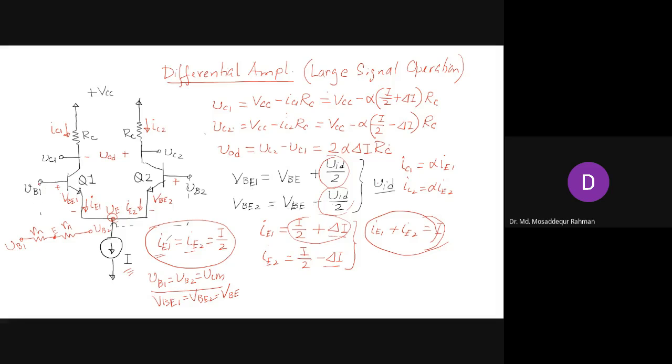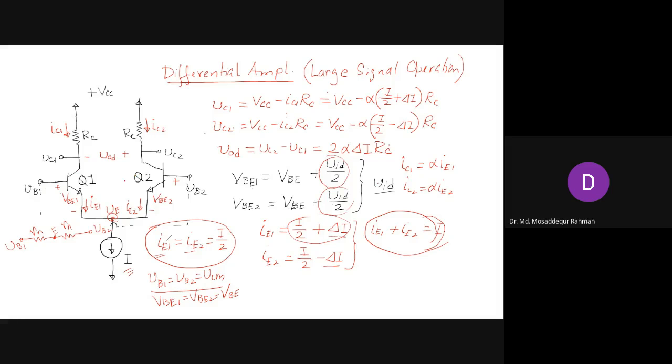Or if VB1 is small, then there will be some other mechanism to forward bias the base emitter junction. As long as this can be forward biased by either the current source here or the supply voltage, that can be done by the current source as well. But this can be large or small.